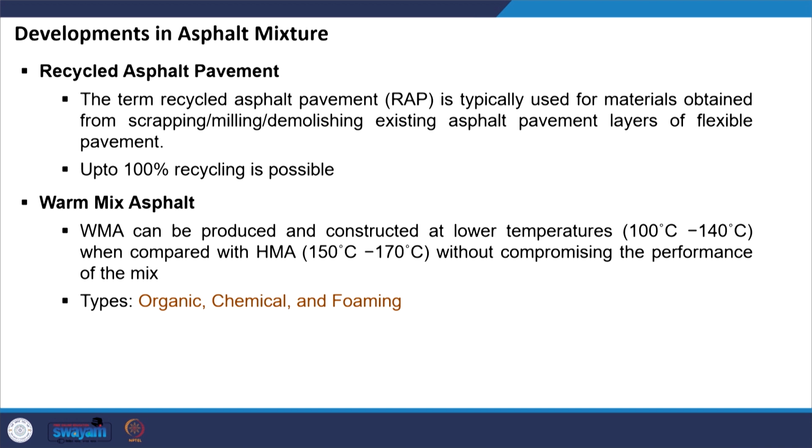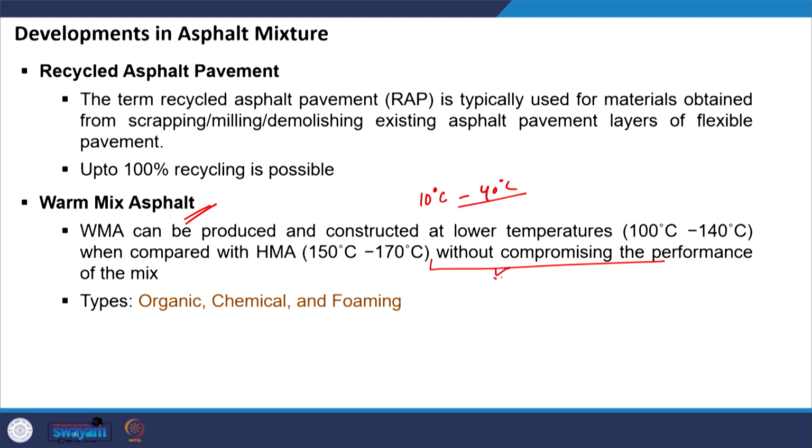We also have warm mix asphalt technologies. These are asphalt mixtures that can be produced at lower temperatures. The reduction in temperature can be from 10 to approximately 40 degrees Celsius lower in comparison to HMA, and that too without compromising the performance.